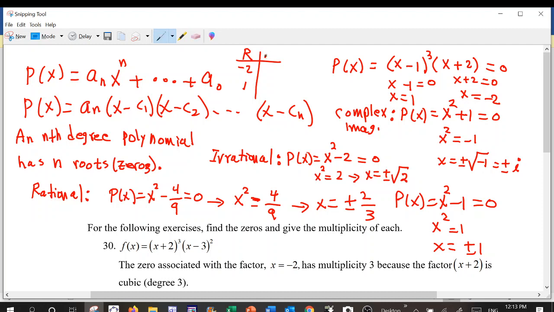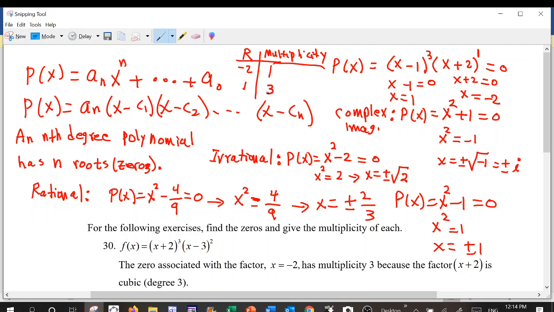So there is something called multiplicity. Terrible handwriting, but multiplicity. So negative 2 here counts only once. Why? Because the power of the factor that the root comes from is 1. And the power of the factor that this root comes from is 3.